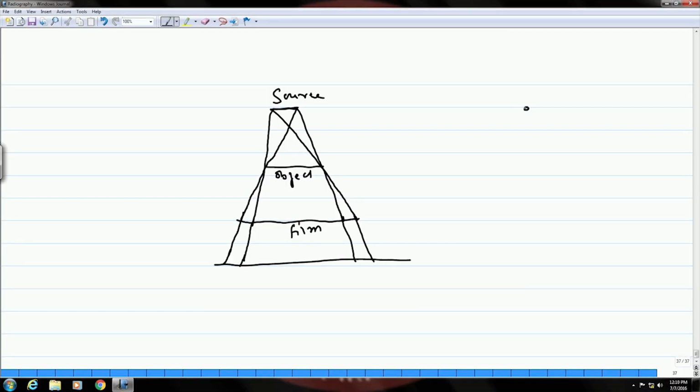So, that is why in this case there is no question of magnification, but on the other hand, if you have a point source, then in this case there is no question of any unsharpness.